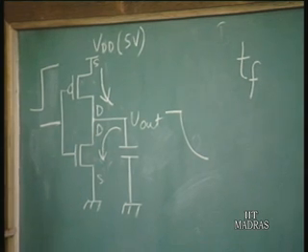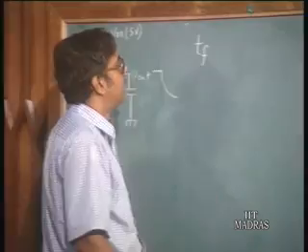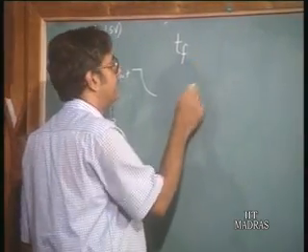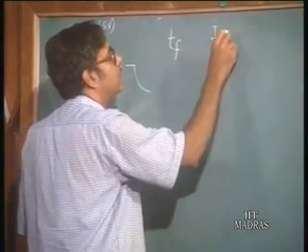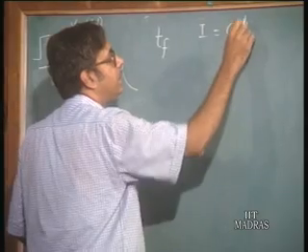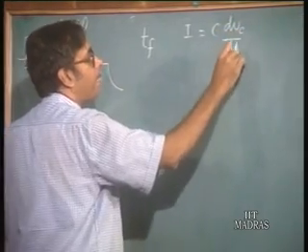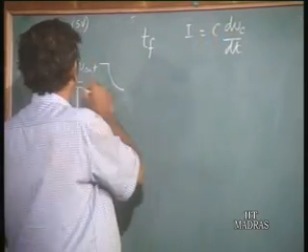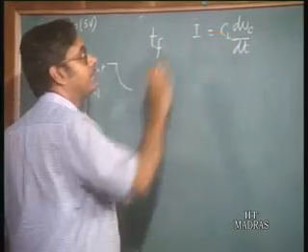Now, we know that I is equal to C dV/dt. So, this is the load capacitance, say CL.